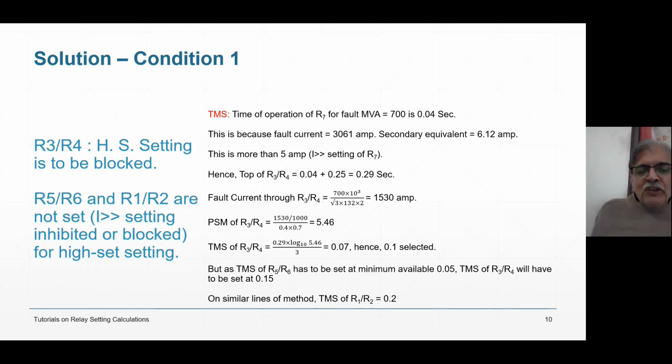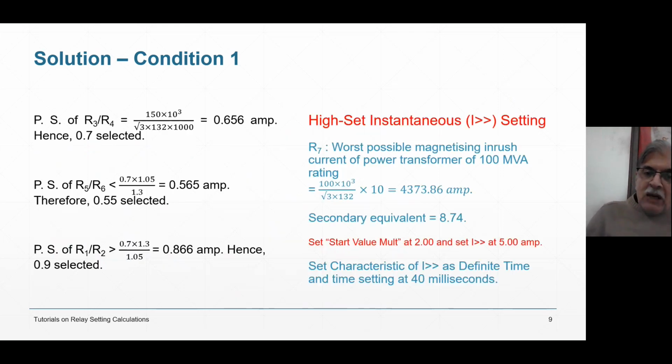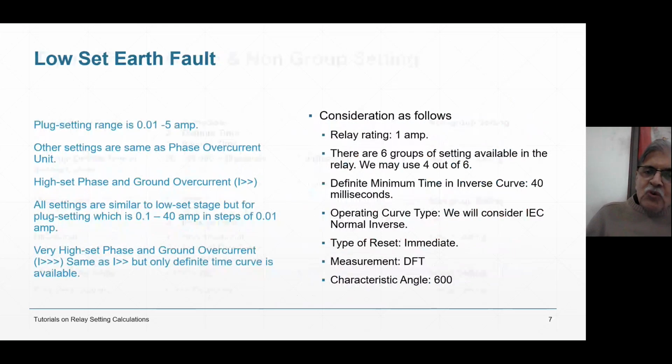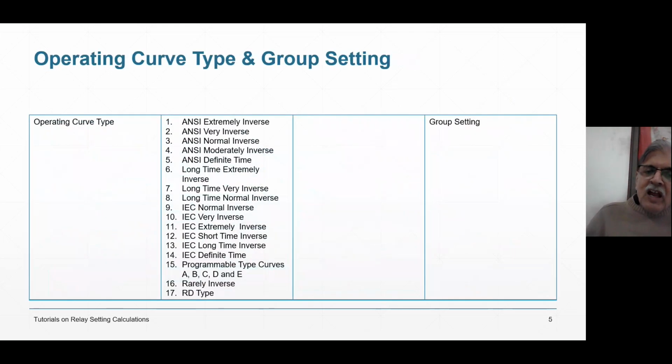So PSM is 5.46. TMS of R3, R4 is 0.29 into log 5.46 divided by 3.07. And it is available in 0.05 steps only. So here I will have to consider 0.1. But what is my problem? That R3 and R4 are backing up R5, R6 also, my dear friends.